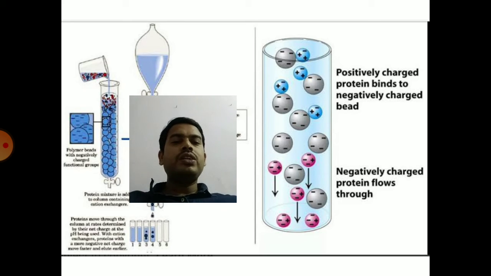So the other proteins which have the same charge as the exchanger will be eluted first, and oppositely charged proteins will bind to the exchanger. So you will elute the required protein or solute by altering the pH of the buffer or altering the concentration of the buffer. So that means increasing the salt concentration of the buffer.